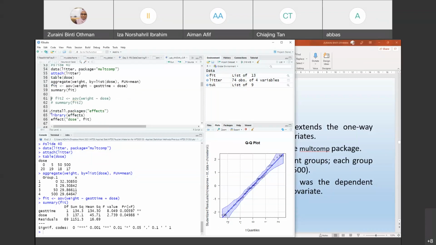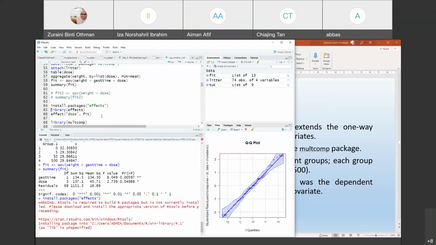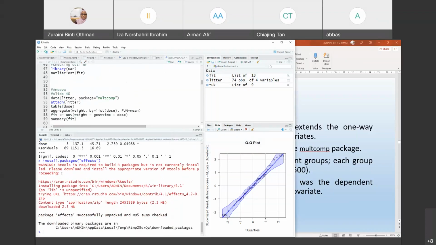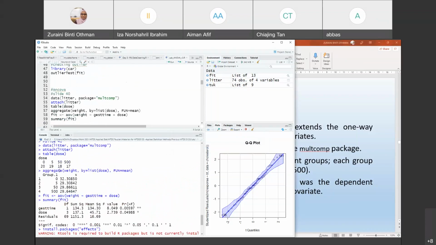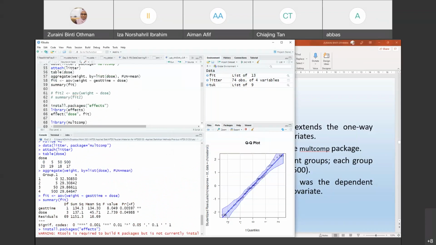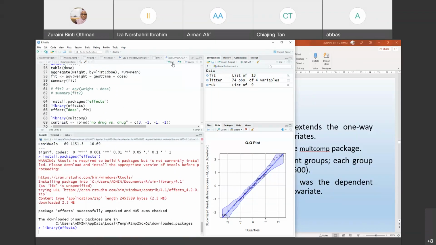In this effects package, we want to make some modification to this data. Just now we only used the sample, but we want to change to the effect of mean for each of the groups. So we call the library effects. Just wait.